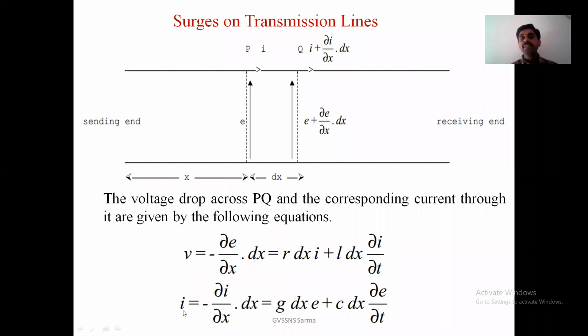Similarly, I is equal to minus the partial derivative of I with respect to x into dx, which equals G into E into dx, the conductance, plus the capacitance of the line, C into dx, into the partial derivative of E with respect to t.